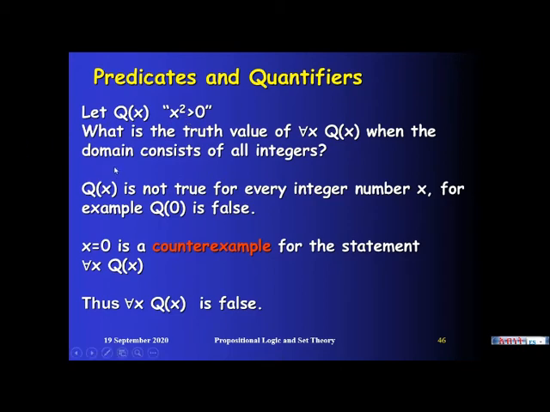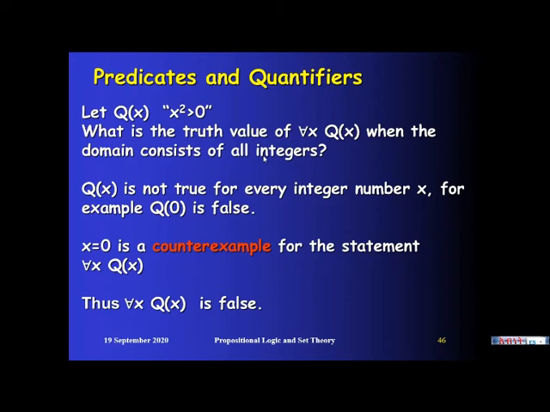Bear in mind here, your domain is the integers. Integers means the positive counting numbers, the negative counting numbers, and 0. So, is the square of every integer greater than 0?